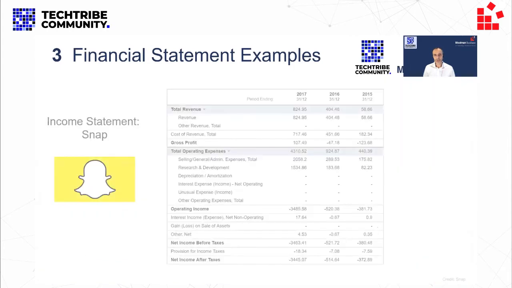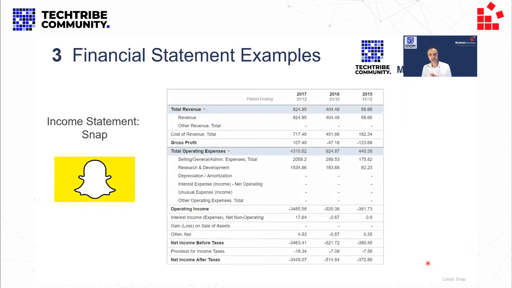So now I think maybe we'll take that break. And after the break, I'll talk you through some examples from public company financial statements that you can go and have a look at on the internet. I'd like to work through them and show you that they look exactly like the structure that I covered earlier for those 3 statements.